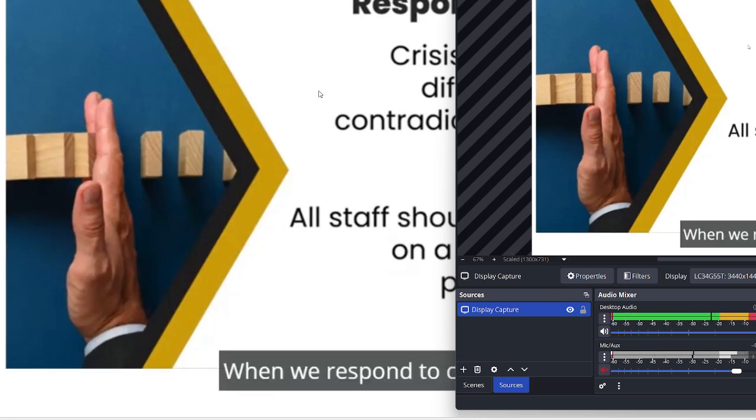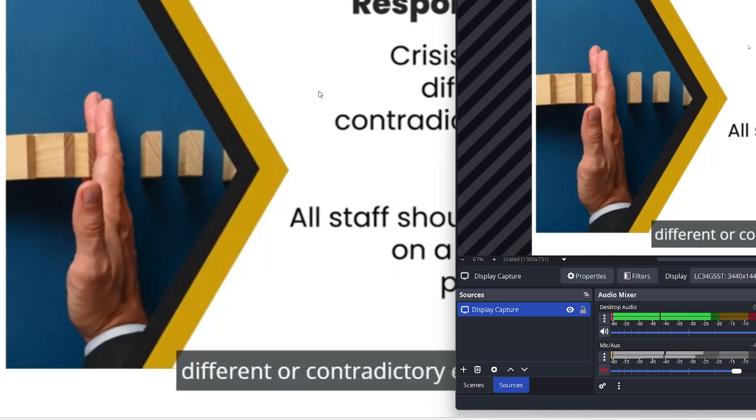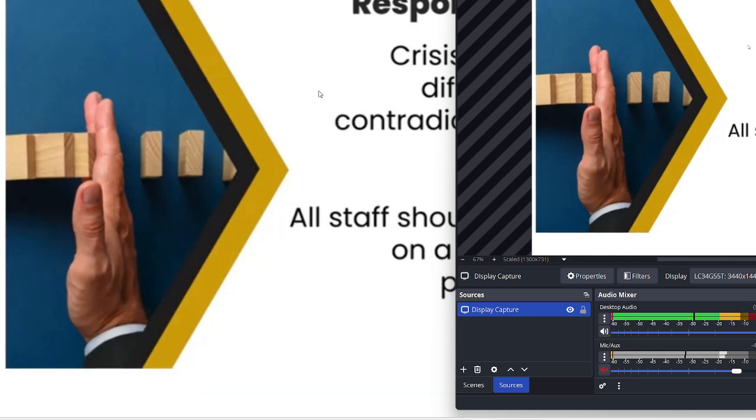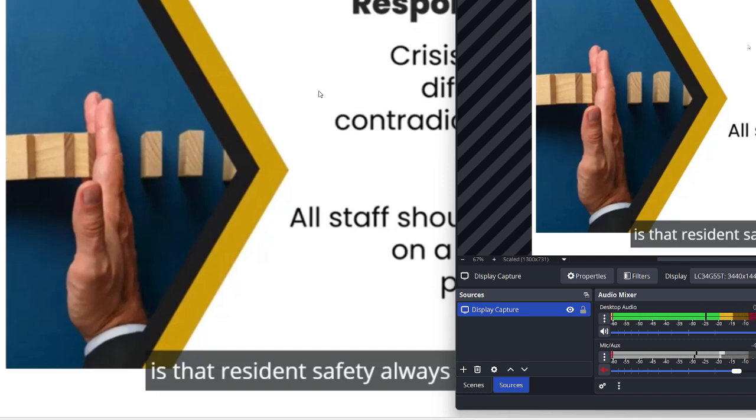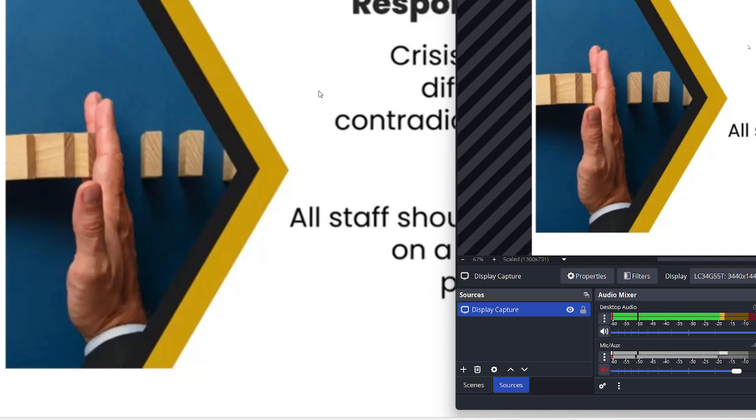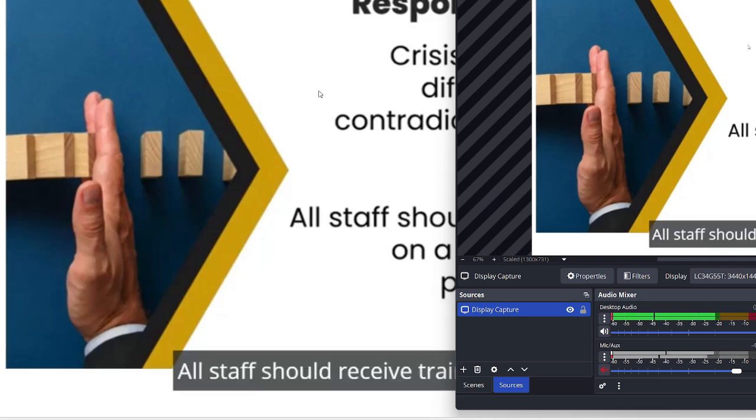When we respond to crisis, it's important to know that it may be different or contradictory even to a behavior analytic approach. The reason for this is that resident safety always comes first. All staff should receive training on a curriculum-based program that offers certification in how to respond to a crisis.